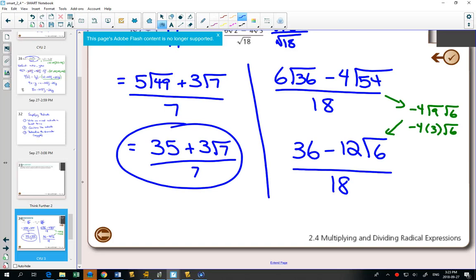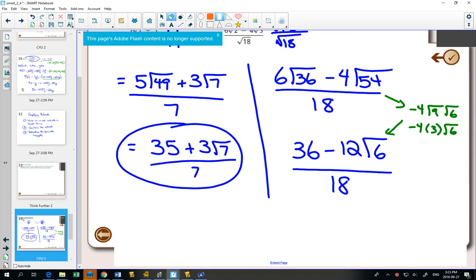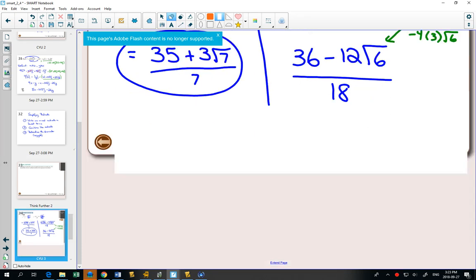What does that mean? Well, here we go. Two ways you could go about this. My favorite way is to use factoring. I look on the top of my fraction, which has two terms, and I ask myself, is there something I could factor out of 36 and 12?